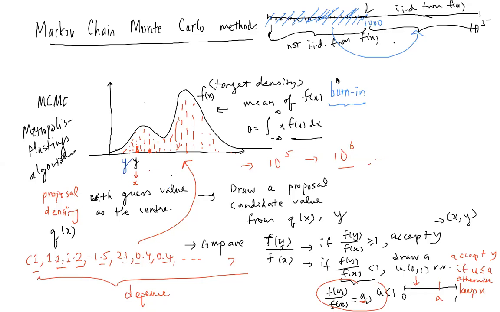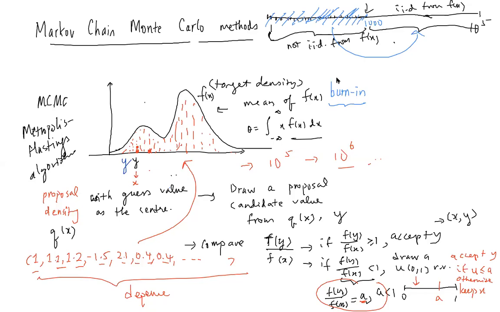So this part here has to be some kind of balancing act. You don't discard too many, because if you discard too many, then your computer might have to run much longer to actually simulate the values that you want. But if you discard too little, then the quality of your simulated values is not good.